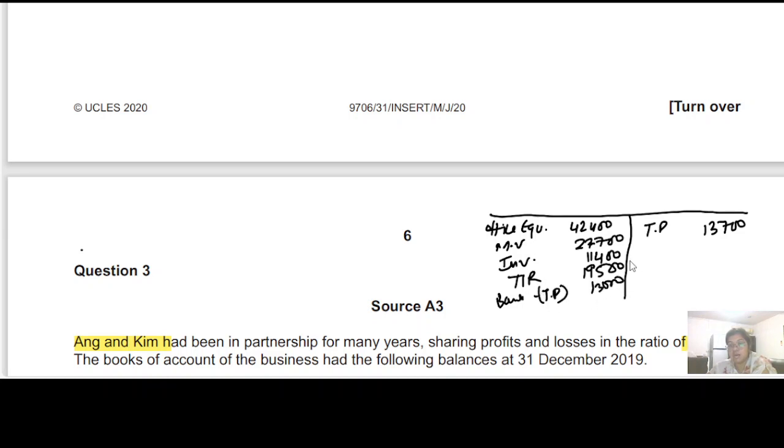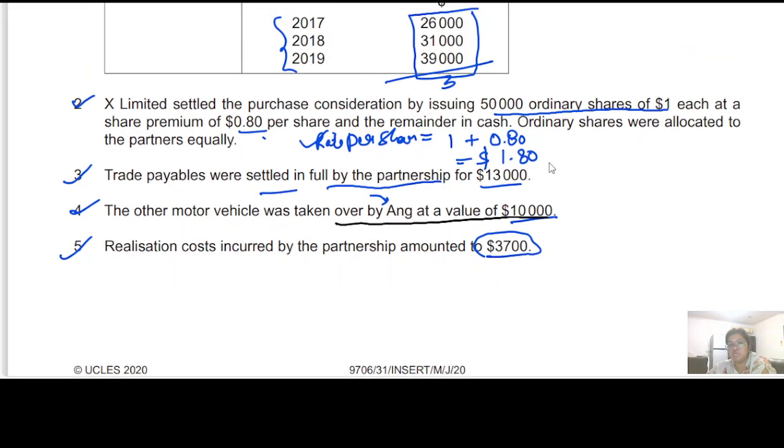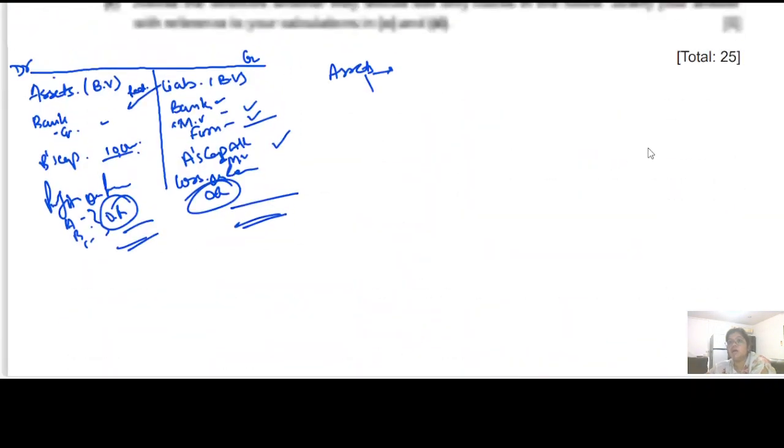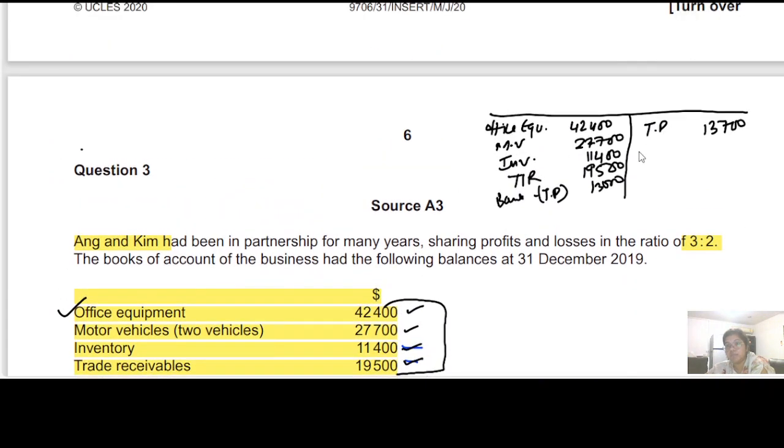Now in the next point, the other motor vehicle was taken over by Ang for 10,000. So the motor vehicle is taken by Ang, and we have to record it in Ang's name. So here Ang's capital account and motor vehicle, that is 10,000.